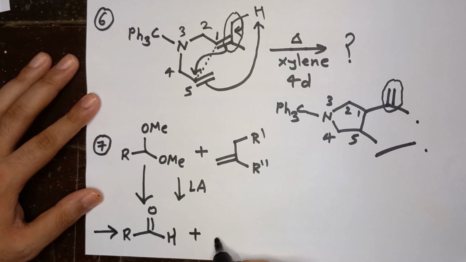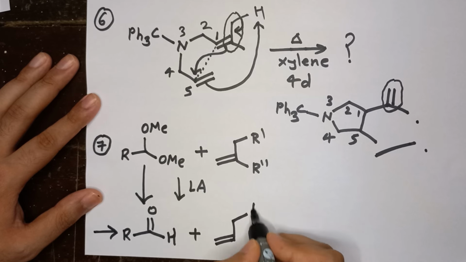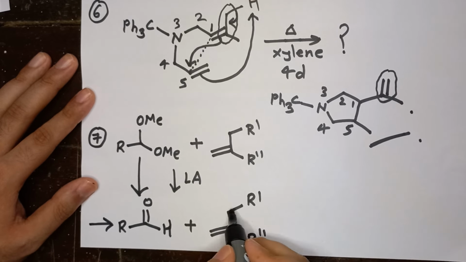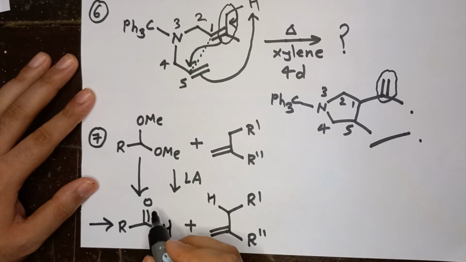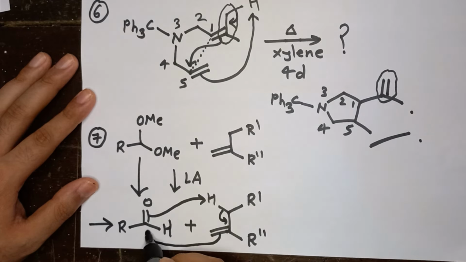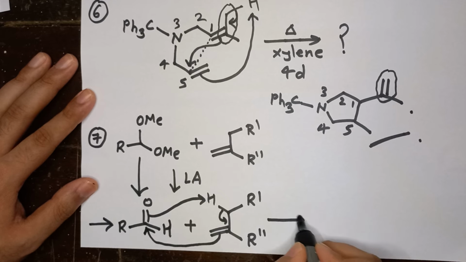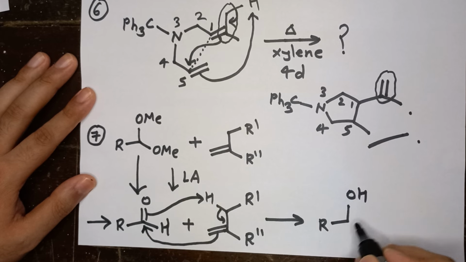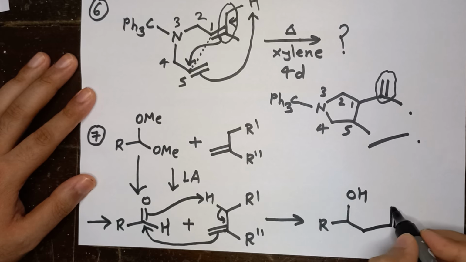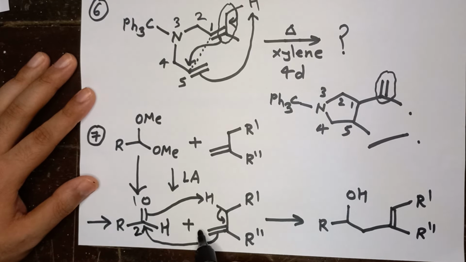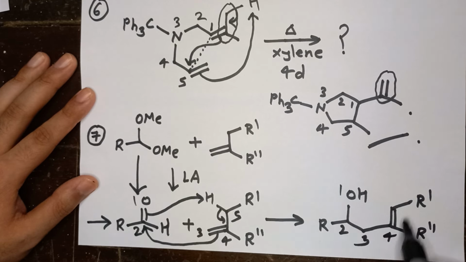Now this reacts with this particular alkene and now the things are straightforward. So this will take this proton, this will form a double bond here and this will attack here. So the product will be, so let me number them 1, 2, 3, 4 and 5. 1, 2, 3, 4 and 5.